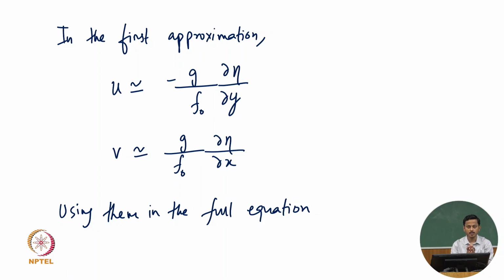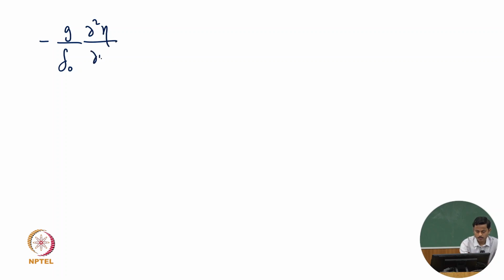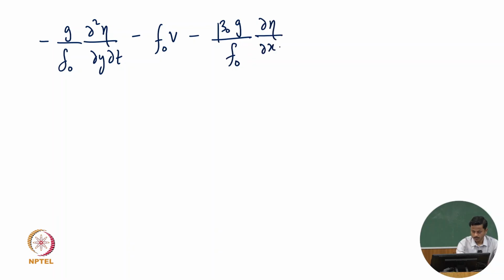Now assuming that this is the leading order balance, this is the approximate value of the velocities with some small corrections, we put them in the full equation, then we get minus g by f naught del square eta del y del t minus f naught v minus beta naught g by f naught del eta del x times y equal to minus g del eta del x.